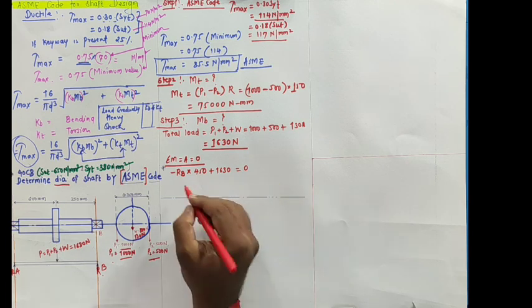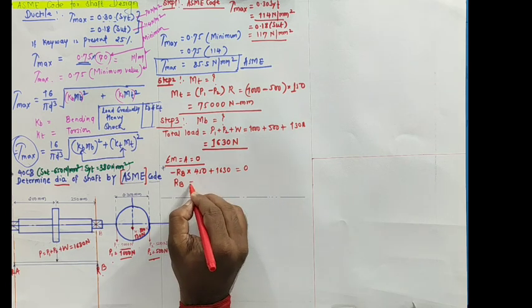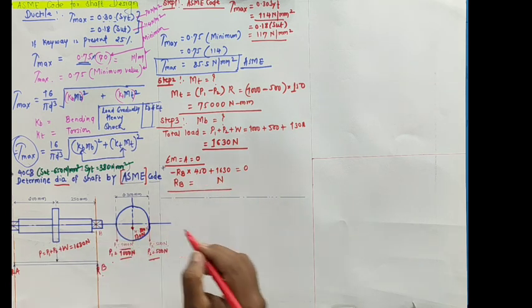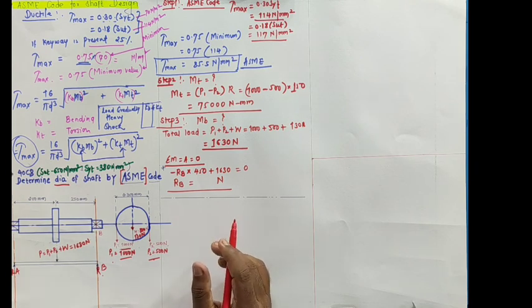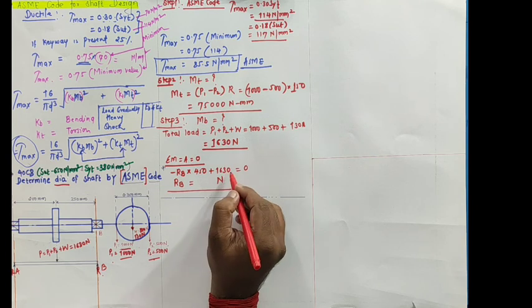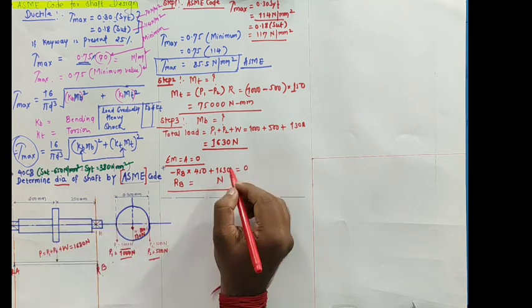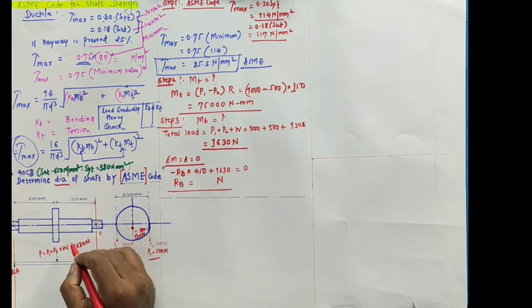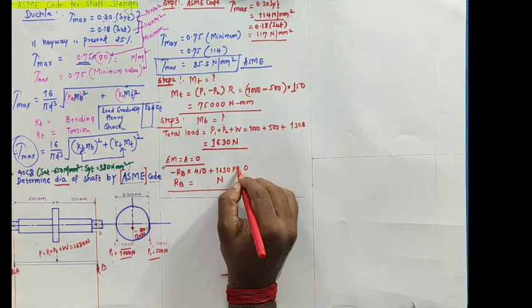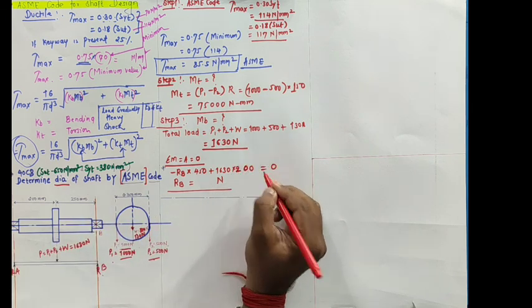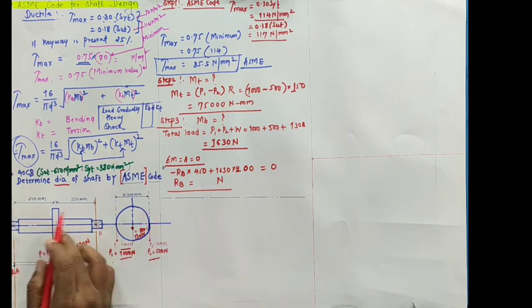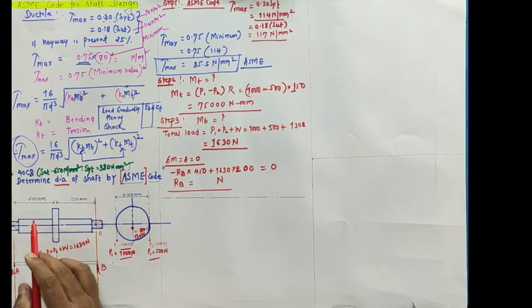No other force is there. Therefore, we'll get the value of RB. So just find the value of RB from the equation. Here the force is 1630 into perpendicular distance, that is 200, which is equal to 0, because this 200 is the distance that we need to consider.